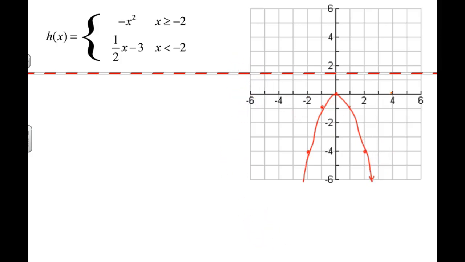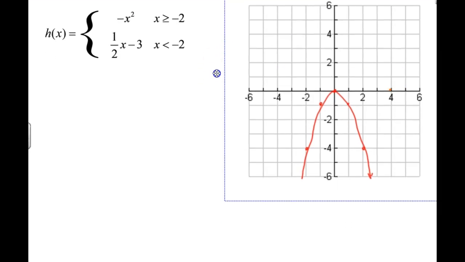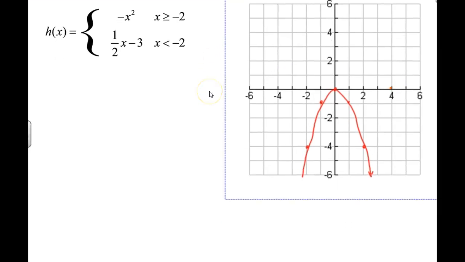Bring this up here a little bit. There we go. Okay, so we got our graph of that, but we need to erase part of it. Right? Because it says that we only want this graph when x is greater than or equal to negative 2.